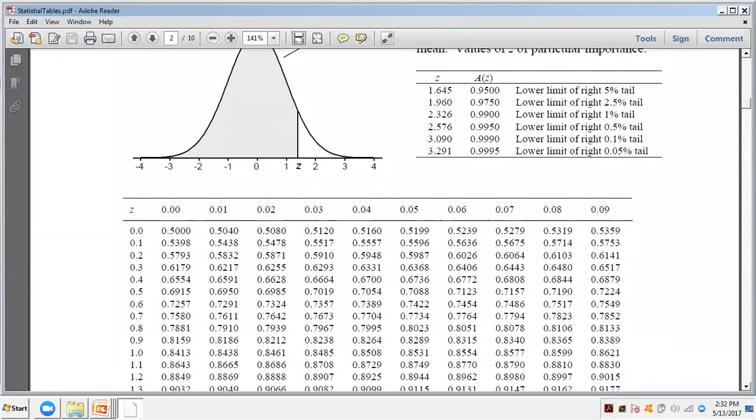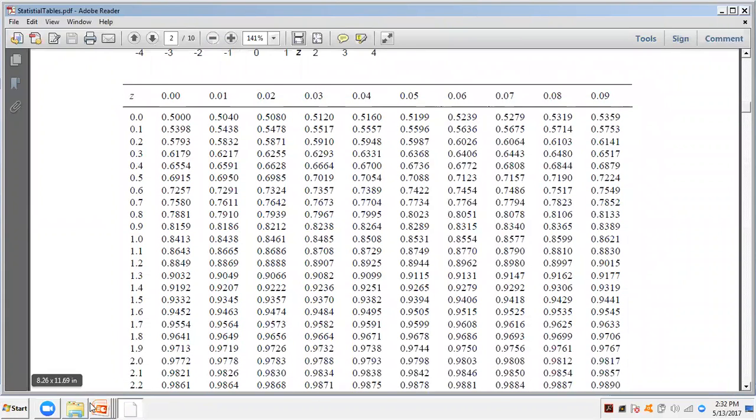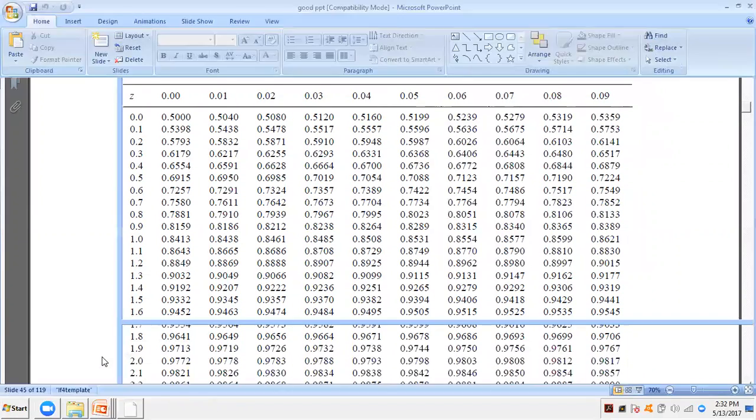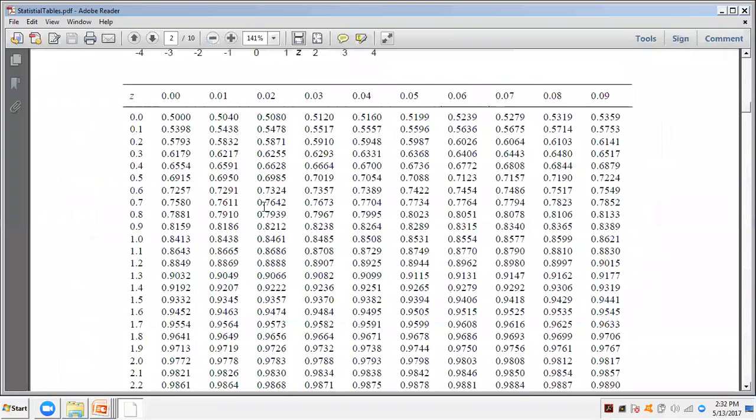So the value of z is 2.14. We will check 2.1 here, 2.1 is this row, and column 0.04.